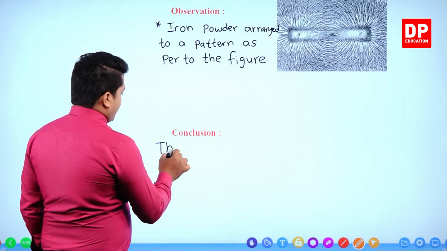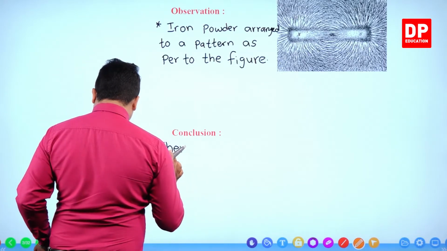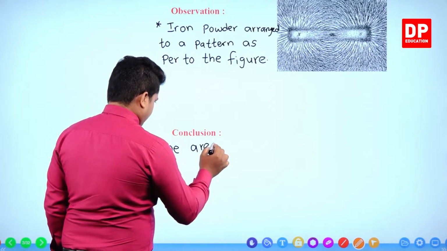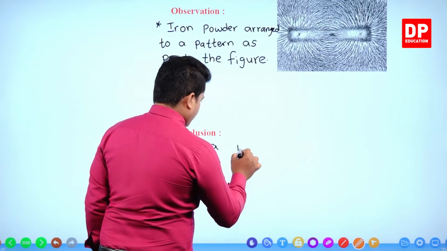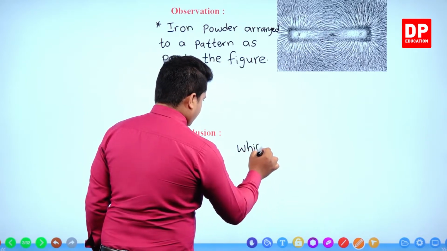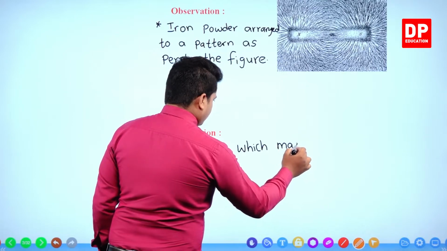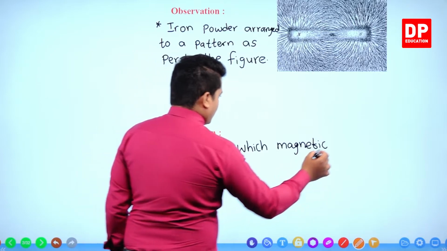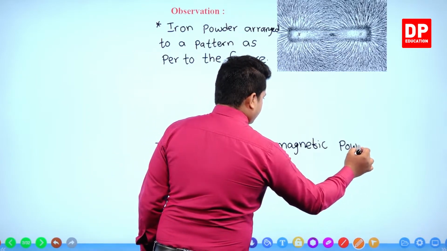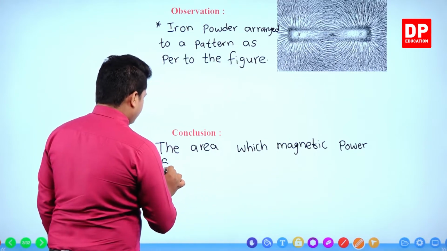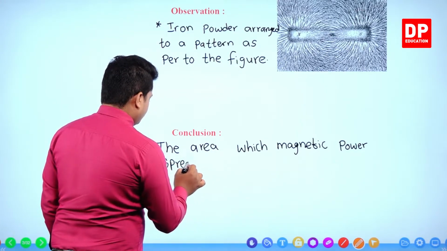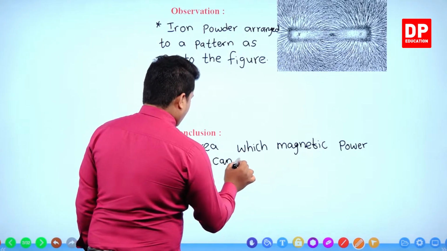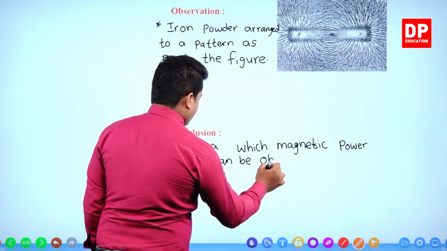The area in which magnetic power spreads can be observed.